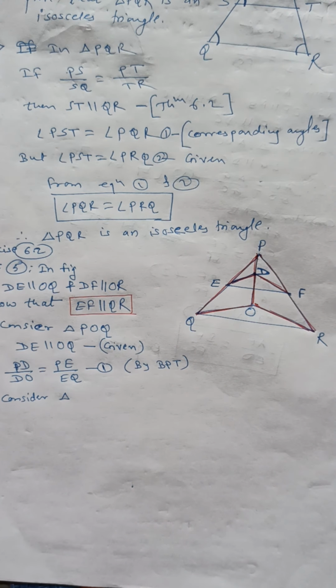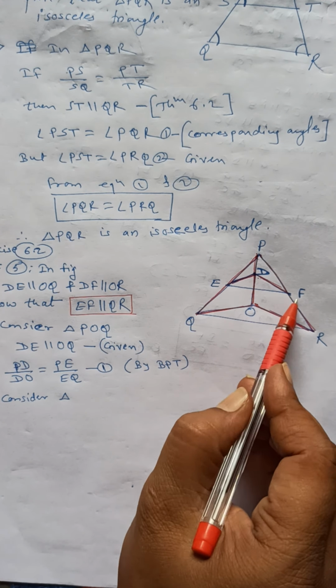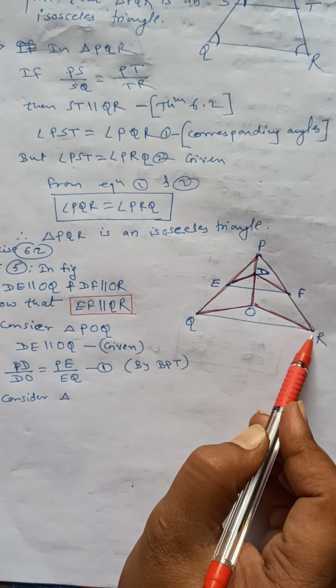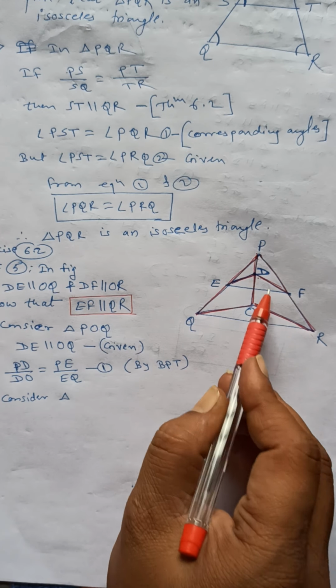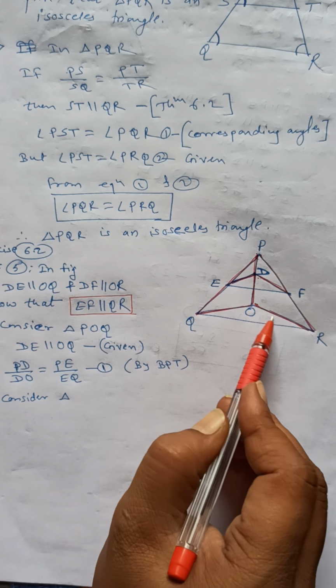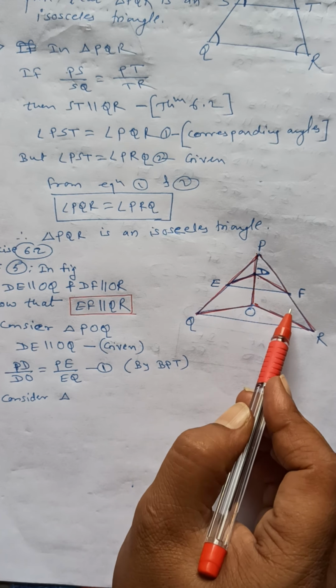Consider the triangle POR. In POR, DF is parallel with OR. So by the basic proportionality theorem, if a line is parallel to one side of a triangle, it divides the other two sides in the same ratio.